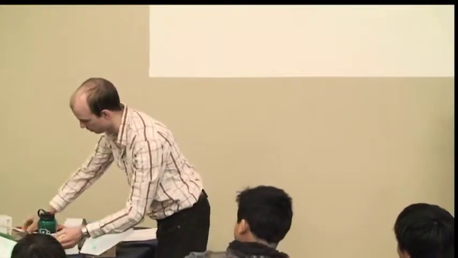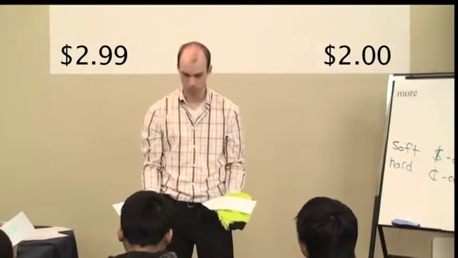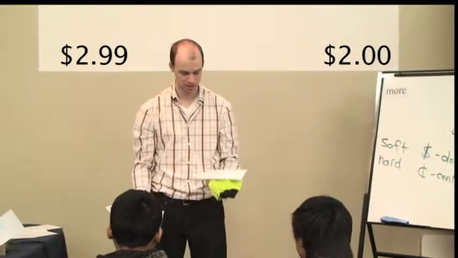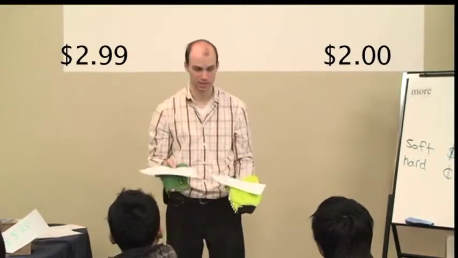Now, we also did some comparing. So which of these two things is more expensive? The hat or the chamois? The hat. So what do we say about the hat?